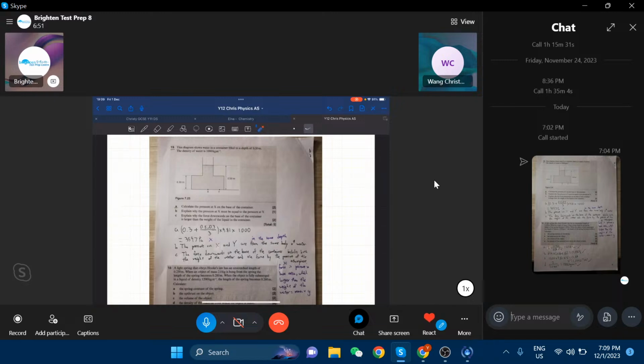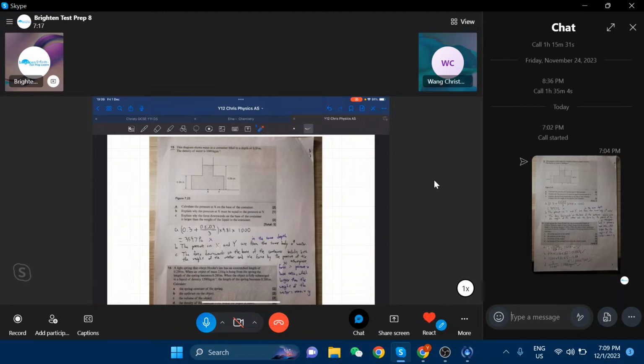So this is, I guess, what is coming from the lesson with the teacher. They gave us the marking scheme. Okay. So I think one part is the pressure from the same body of water at the same depth.